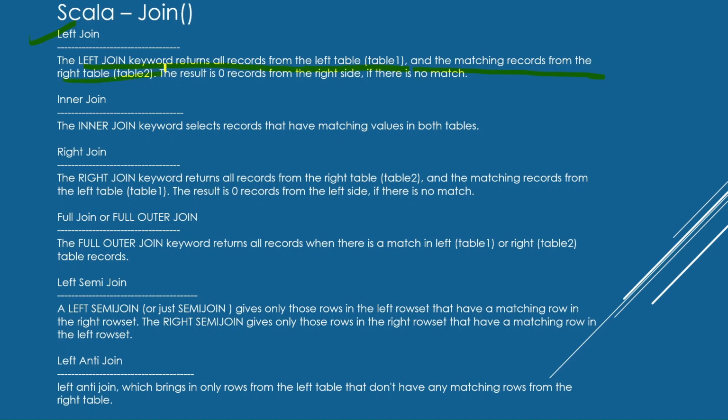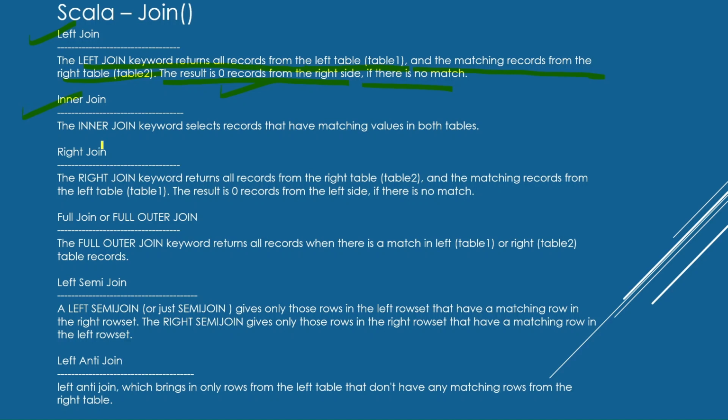It is very important: whenever we do a left join, it will return all the records present on the left side of the join and the matching records present in the right table. It returns 0 records from the right table if there is no match. So suppose we are doing a left join and the matching record is not present in the right table, it will return 0 records from the right side of the table.